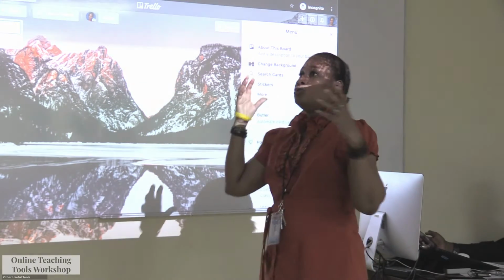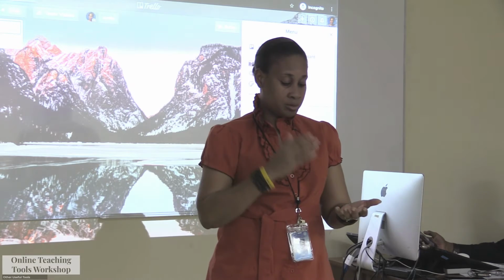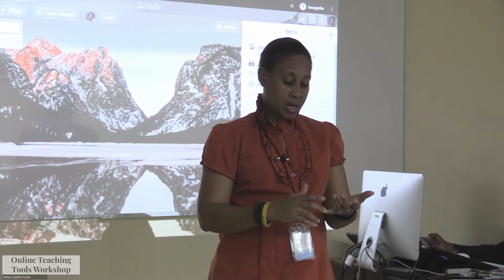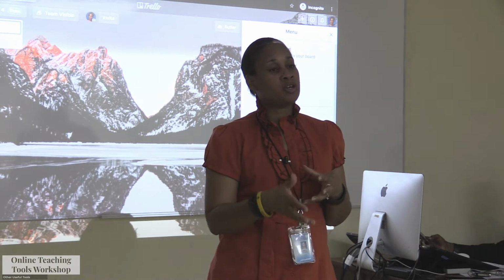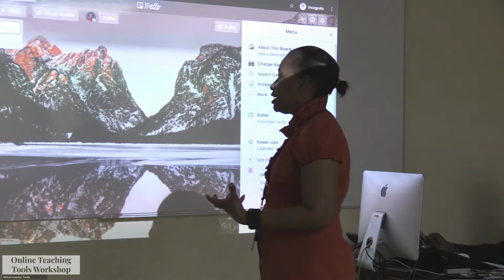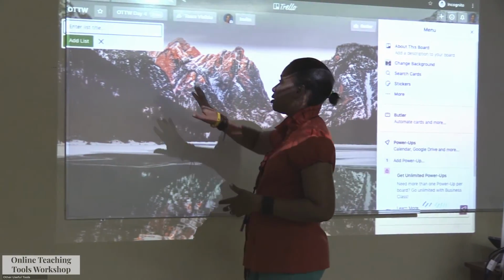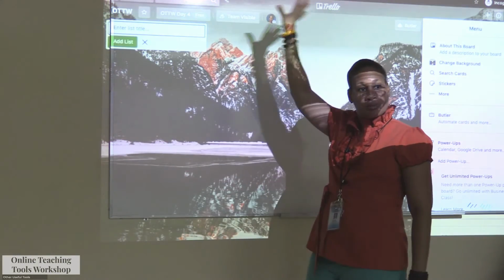Right. Now, what I have seen, and this is across all three, Trello, Asana, and Planner, is you can determine how you lay out your project, okay? So in Trello, they have these things called lists. So the board is this big thing.